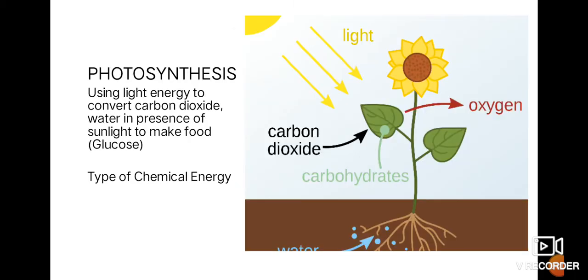Moving down to the second one, that is photosynthesis, which is a process by which green plants prepare their food by using carbon dioxide, water, chlorophyll, and sunlight.